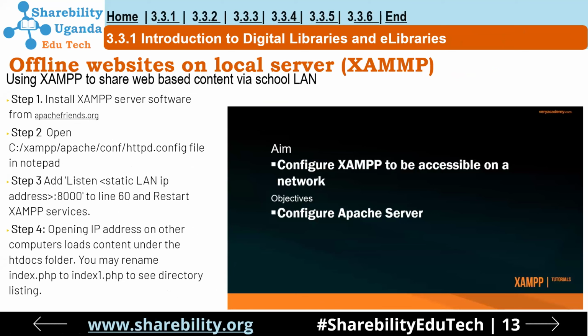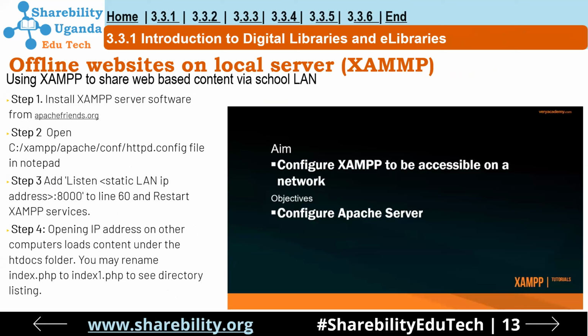Then offline websites on local servers like XAMPP. Using XAMPP to share web-based content via a school LAN is also one of the options you can opt for if you don't need to have an internet connection. The XAMPP application can be installed easily on your computers.